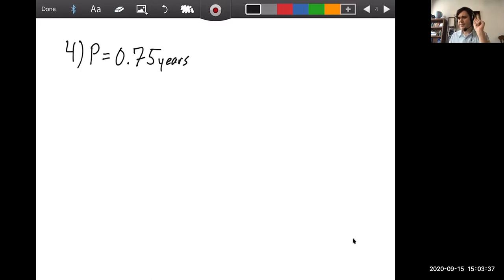The orbital period is less than a year, and I know that p squared equals a cubed. So if p is between 0 and 1, then a will be between 0 and 1. If Earth's orbital period is 1 year, and this object has an orbital period less than that, I know it has to have a semi-major axis less than Earth's.